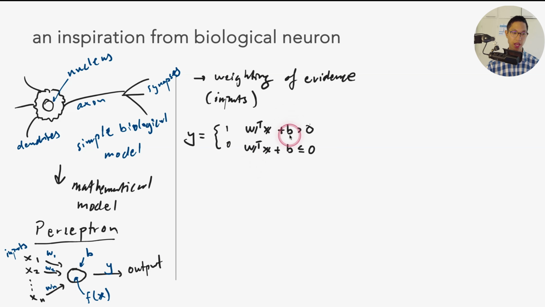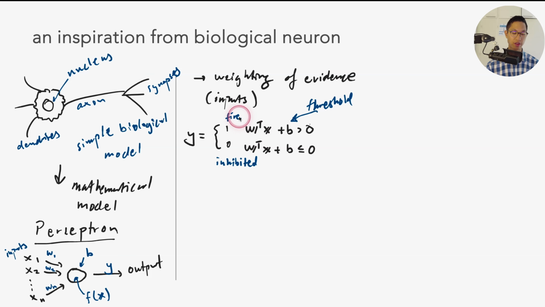Then you add this bias term. If this is larger than 0, it means that we fire. We have a signal. We activate this neuron. And if this is less than or equal to 0, then we put it to 0. Then we don't have a fire. This neuron is not working, or is working but is not firing, this perceptron.